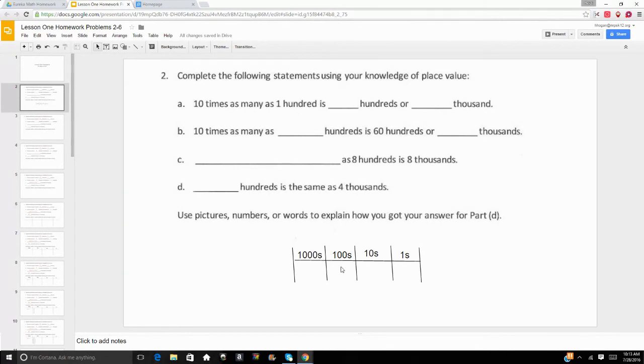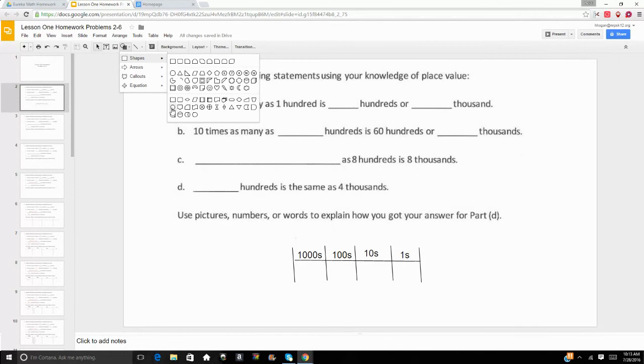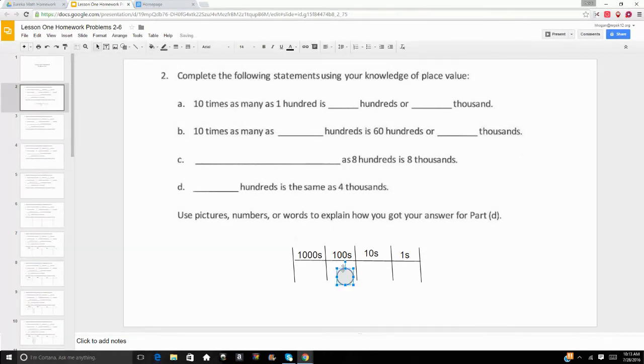So how many 100s? Let's see. Let's make a dot.